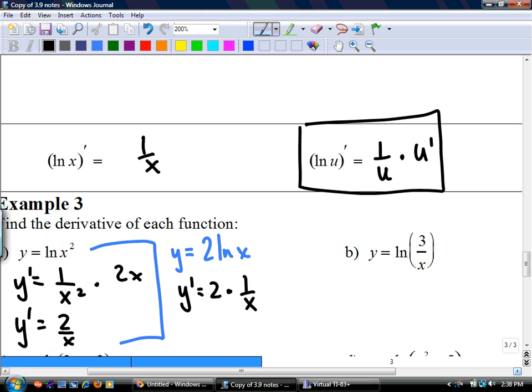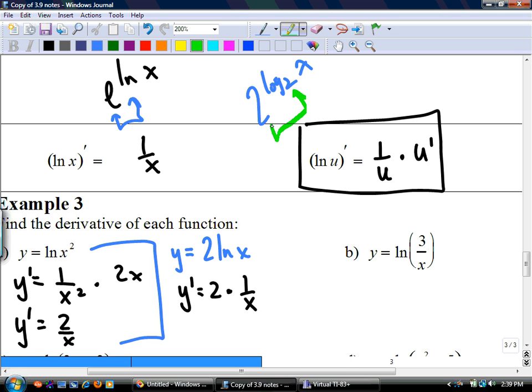Why? Because they're opposite operations. It's like, why do sine and arc sine cancel? Why do squares and square roots cancel? It's the same thing. It's 2 to the log base 2 of x. Are these bases the same? Then they cancel. It's exactly the same statement.